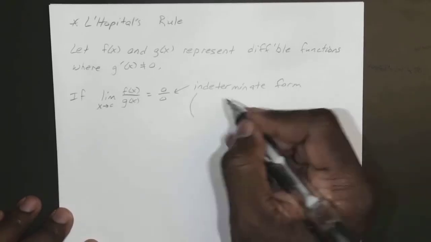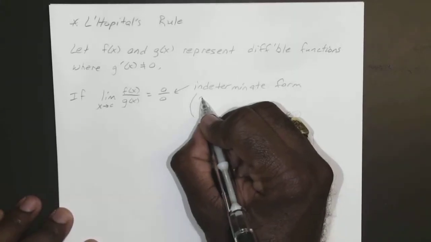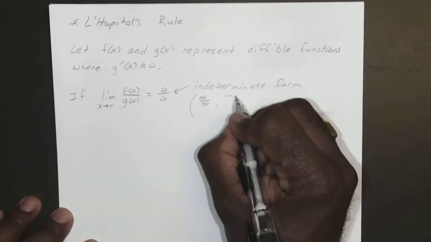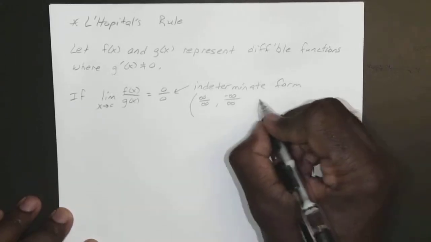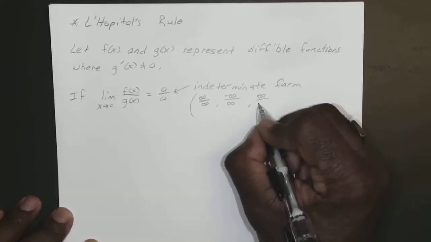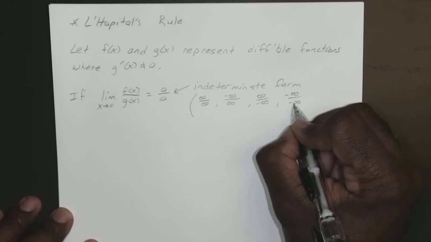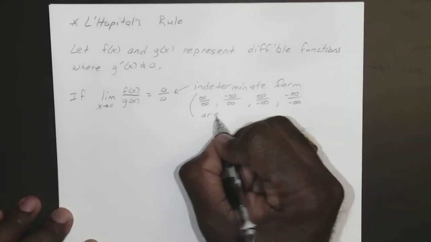And a quick side note, infinity over infinity, negative infinity over infinity, infinity over negative infinity, or even negative infinity over negative infinity are also indeterminate forms.